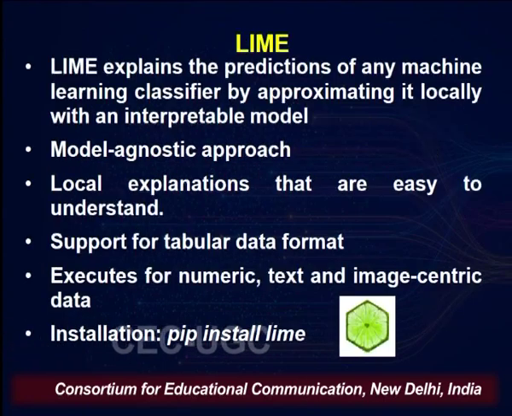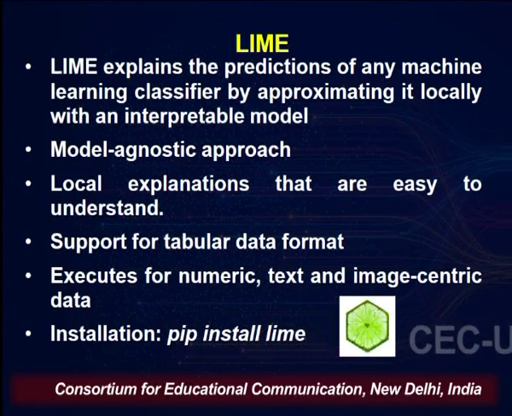Next one is LIME. LIME is another XAI tool just like SHAP, and it gives some more opportunities for the programmer to see the model behavior. The interface is actually a little different, and mostly the functioning of LIME is also almost as simple as that of SHAP, and it is also a model agnostic approach.